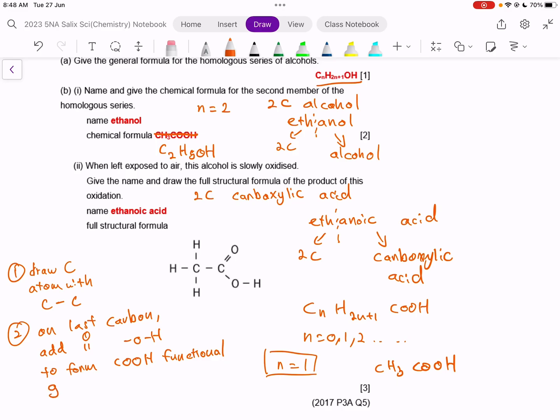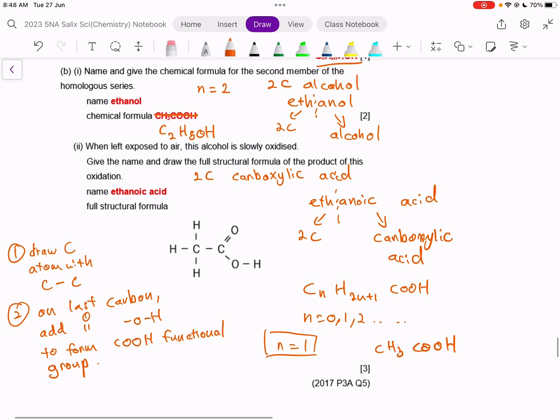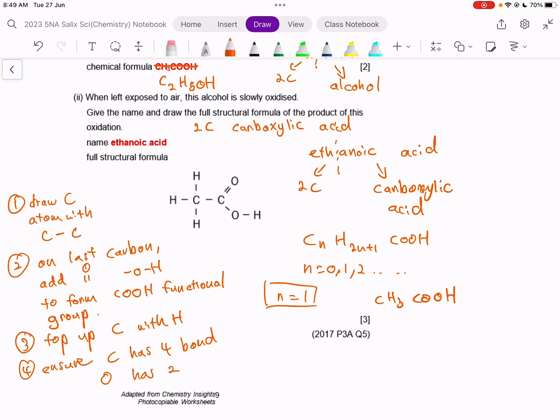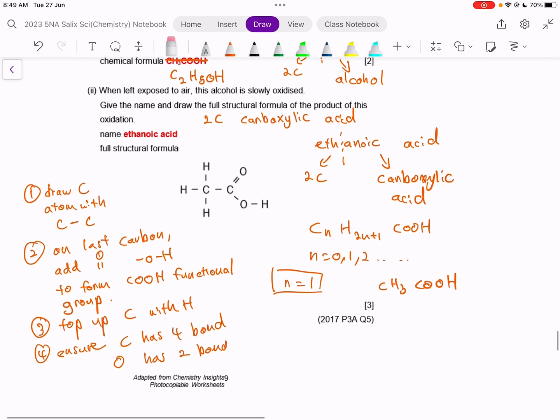Then after that, top up the rest of the carbon with H. Ensure your carbon has 4 bonds, nothing more, nothing less. Oxygen has 2 bonds, like this oxygen is a double bond. This one also 1, 2, so 2 bonds. Carbon always has 4 bonds. And that's question 17.